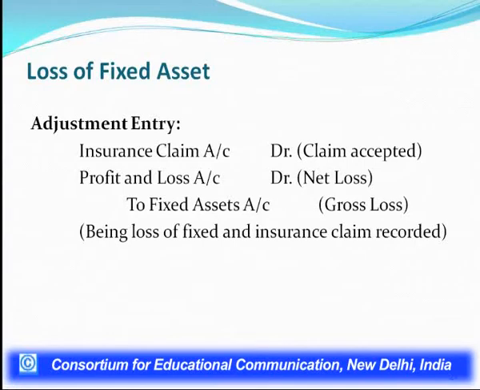So we will pass the entry, this entry we are showing as a direct entry: insurance claim account debit, the claim accepted, then the net loss, that is the loss of fixed asset at cost minus claim accepted, that is profit and loss account debit by the net loss on account of fixed asset, and to fixed asset account.